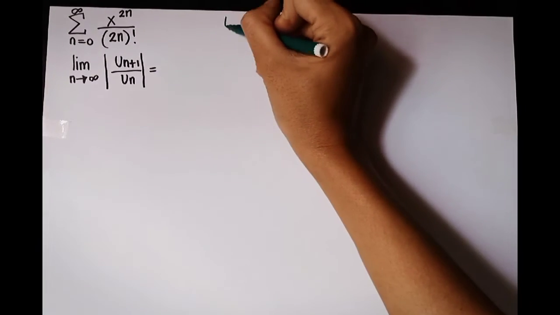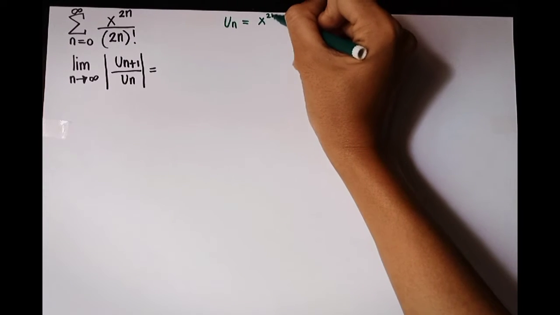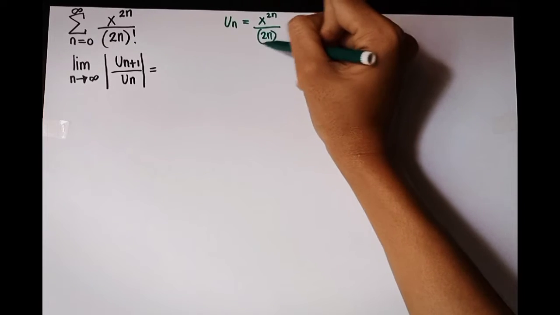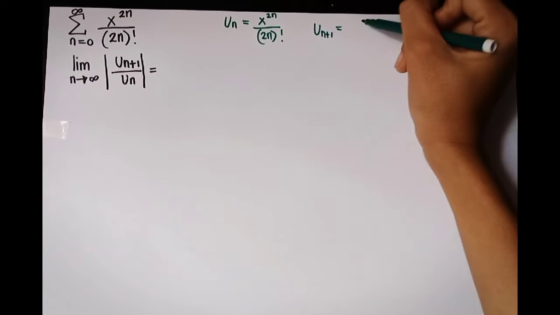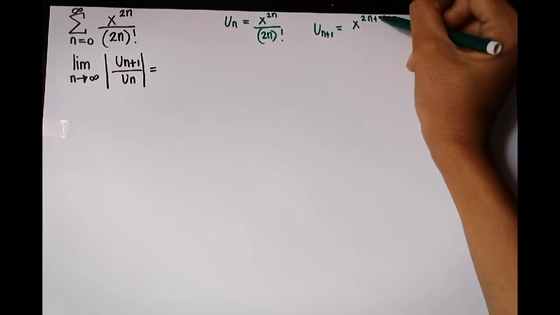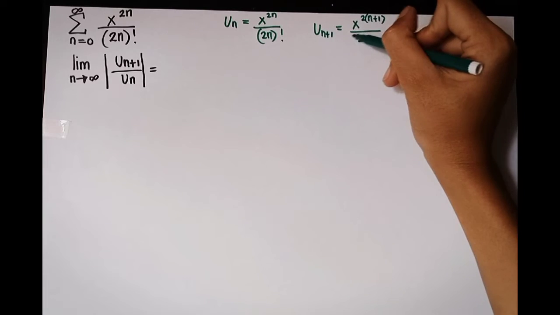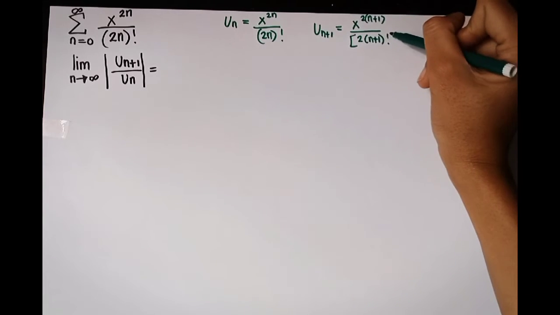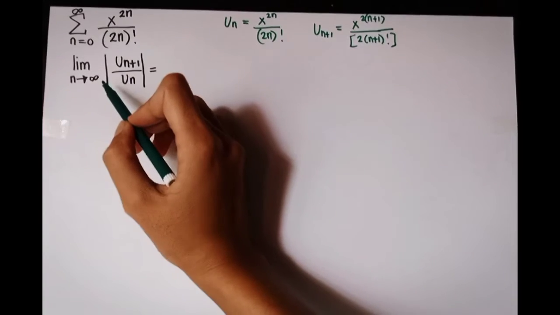So we let un equal x raised to 2n all over 2n factorial, and un plus 1 equals x raised to 2n plus 2 all over 2n plus 2 factorial. To get the solution, we will use the ratio test.